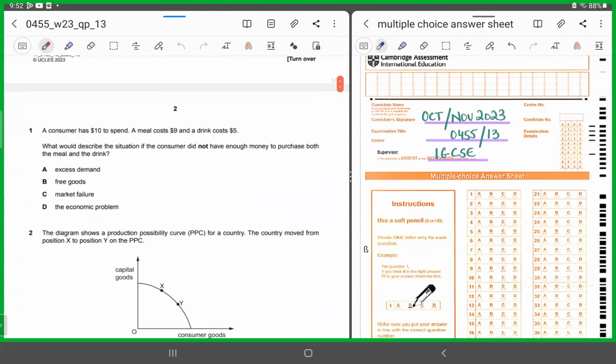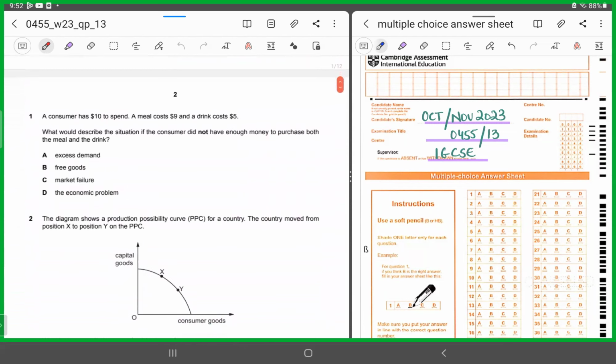MCQ number 1 says a consumer has $10 to spend. A meal costs $9 and a drink costs $5. What would describe the situation if the consumer did not have enough money to purchase both the meal and the drink?